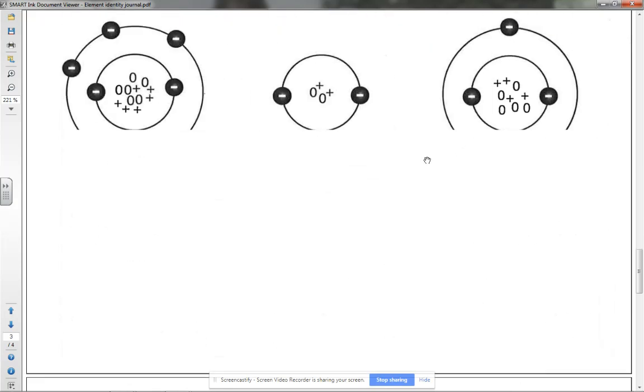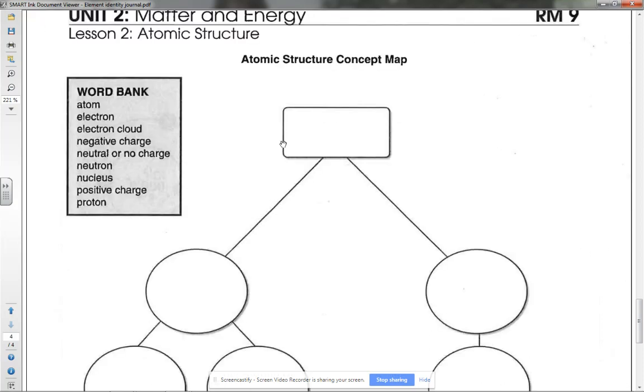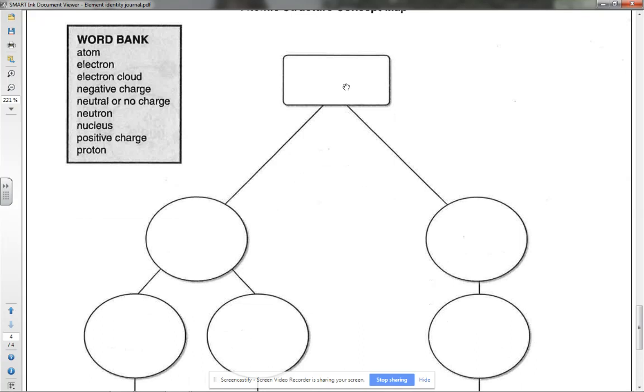All right, so let's go to our concept map. You are now going to complete this concept map. Here are your words, and you are going to fill them in. Remember, what is this whole thing going over? The big idea we are doing, that is going to go here. Then these two blanks are going to be your parts.